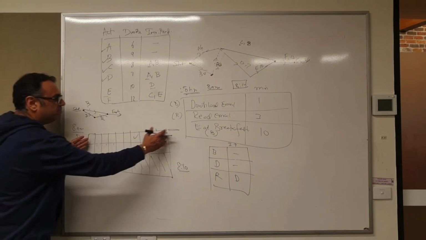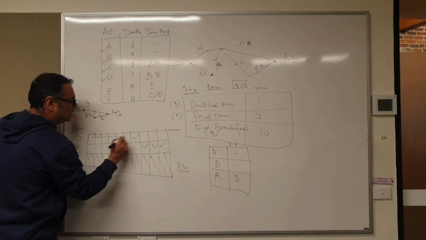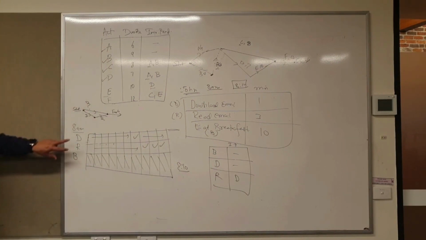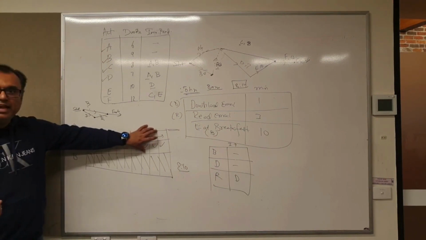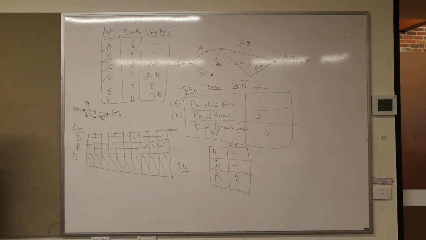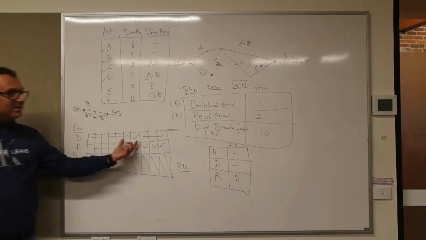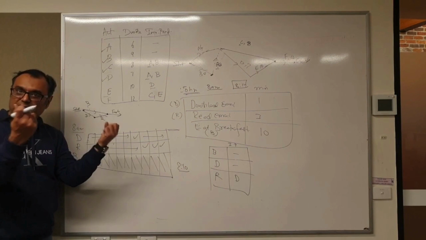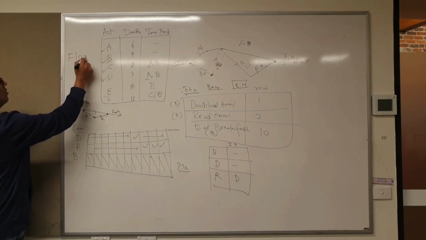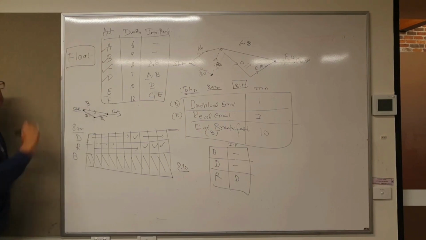So there's a lot of slack in these two activities. He's got a decent amount of slack to still do everything and leave by 8:10. This slack or the leeway is called float.